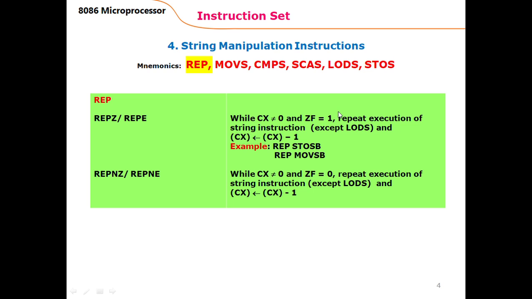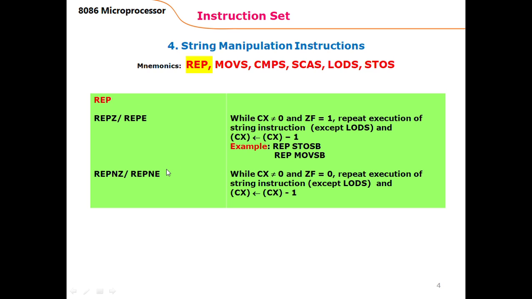The string instruction is repeated, and after each execution of the string instruction, the counter, which is CX, is decremented by 1. So this counter is set before a repeat instruction. A repeat prefix is used with the string instruction to execute the string instruction as many times as the value in the count register, and this value is set by the programmer.